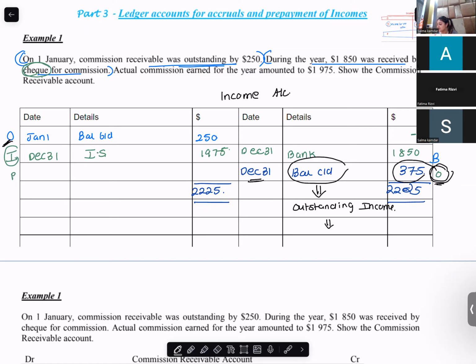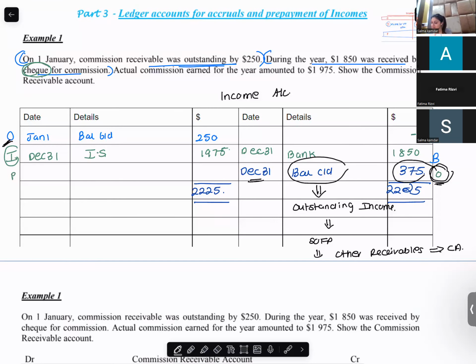Where will this come in your statement of financial position? In other receivables. Current assets or current liability? Current assets. So this will come in other receivables, in current assets.